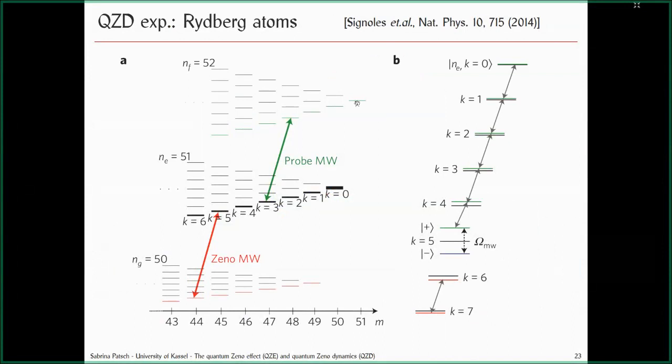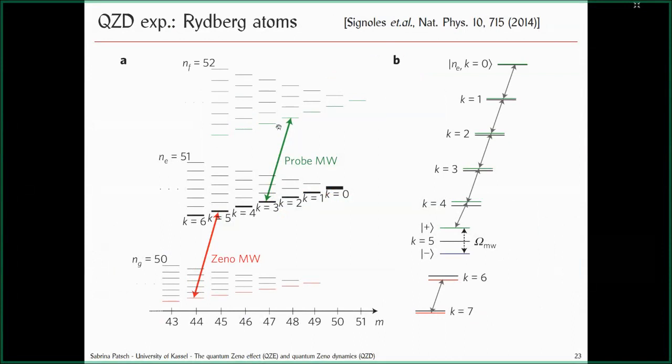And also the nice thing is that the Stark splitting is proportional to the quantum number here at the bottom of the ladder. So the larger your m value is, the larger is your splitting at the edges of each ladder. So you see that it's proportional. So the diagonal ladders which you see here are harmonic. So the transition energies between them are, in first order of the static electric field, harmonic.